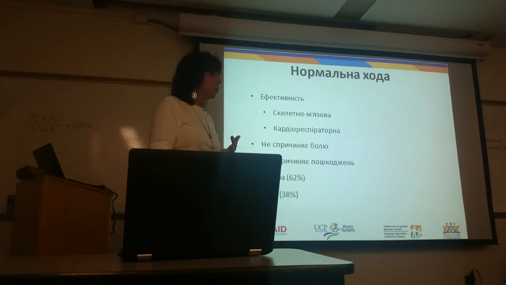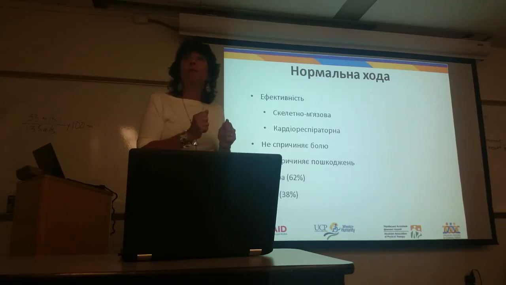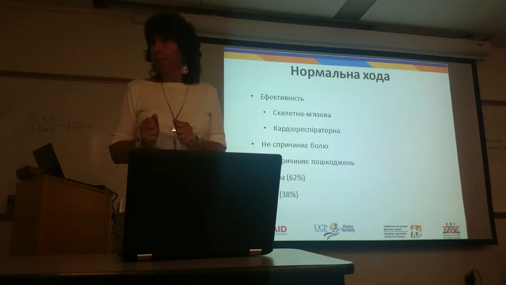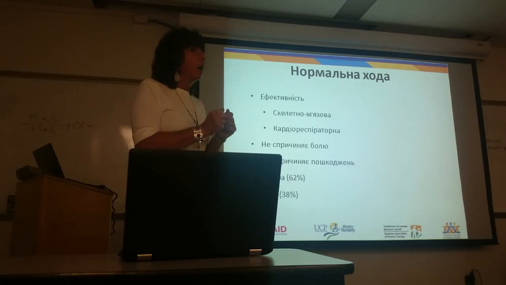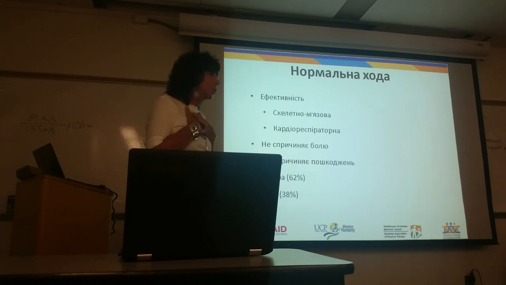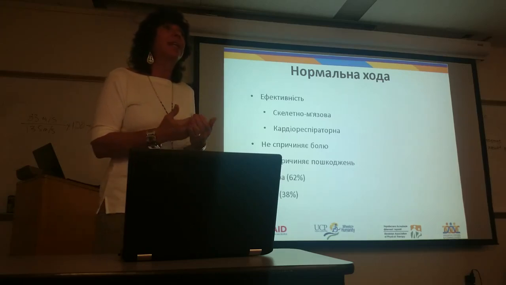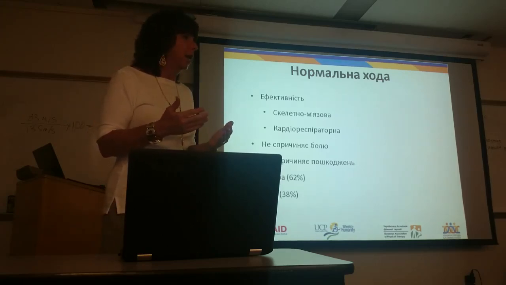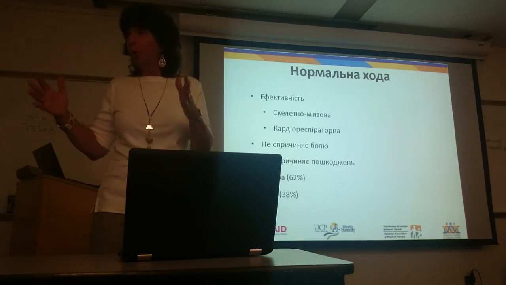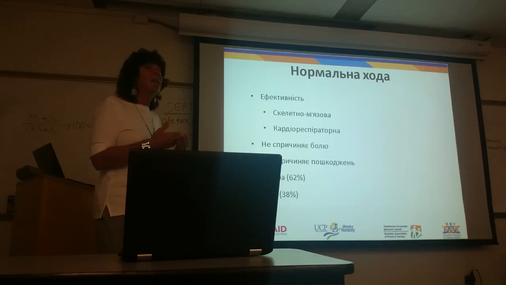Normal individuals use only approximately 30% of their muscular activity or muscle force when walking. Additionally, we use approximately 30% of our cardiorespiratory reserve when walking. What that means is that normal, typical, healthy individuals can essentially walk all day. We have a huge reserve to draw upon if we need to.